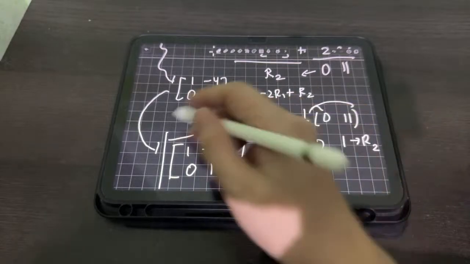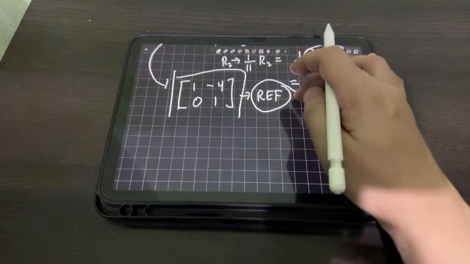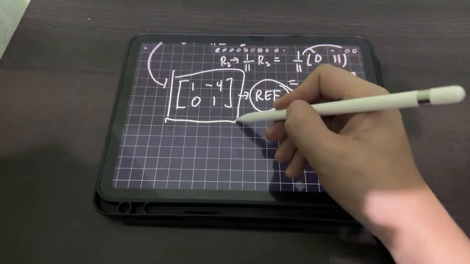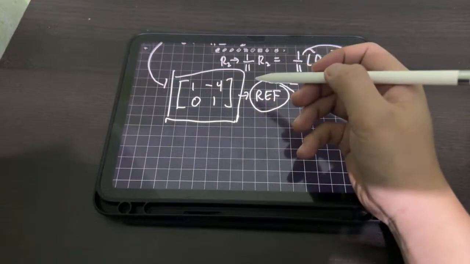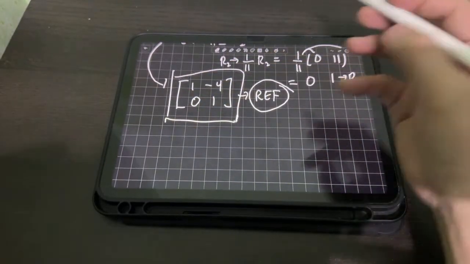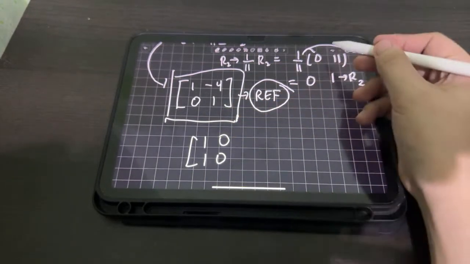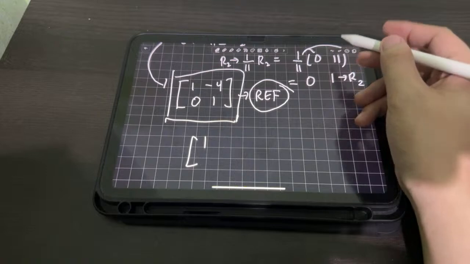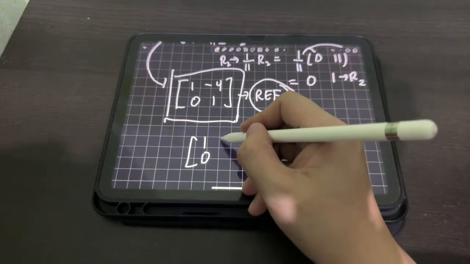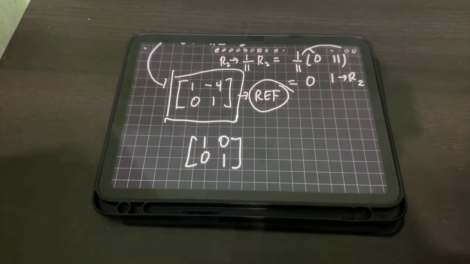Okay. Answer for REF form. Next, the RREF form. So the goal is to make this REF form become 1 0 0 1, the RREF form.